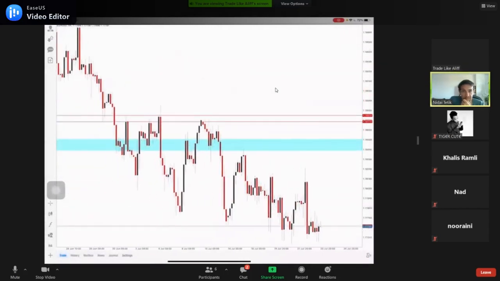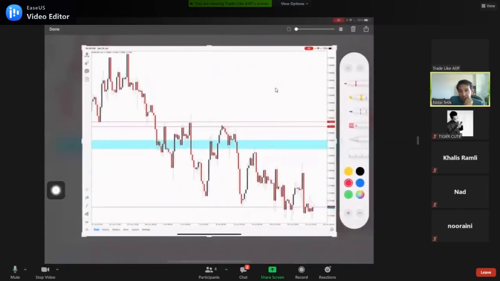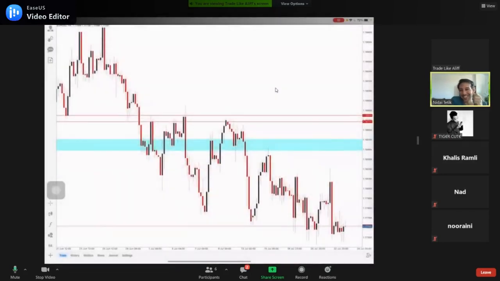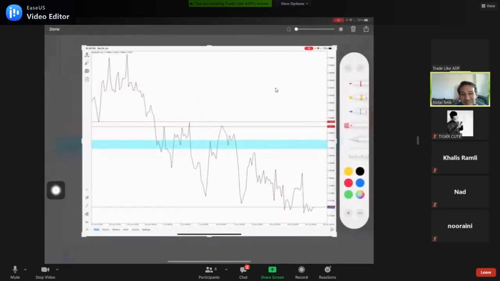So then this is daily breakout. This entry here is daily breakout, H4 entry, correct?